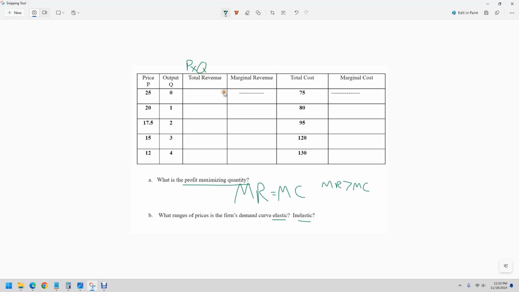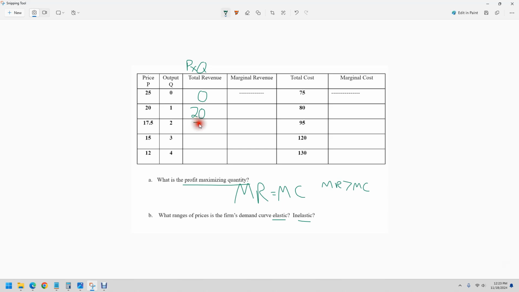This is the amount of money we're putting into the cash register. So if this was how many rupees? 25 rupees, 0 quantity. So price times quantity there would be 0. 20 rupees times 1 would be 20. 17 and a half rupees times 2.